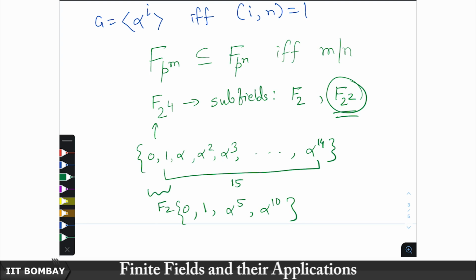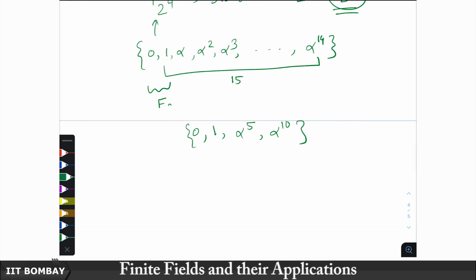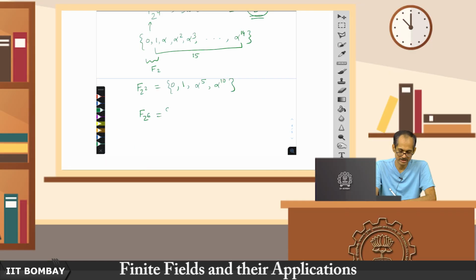So, this is F 2 power 2. There are 4 elements. So, in fact, if you take for example F 2 power 6, its elements can always be written in terms of a primitive element as 0 and then all the powers of the primitive element.